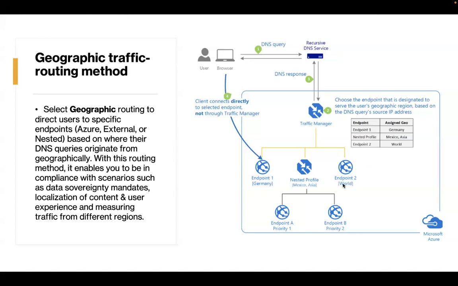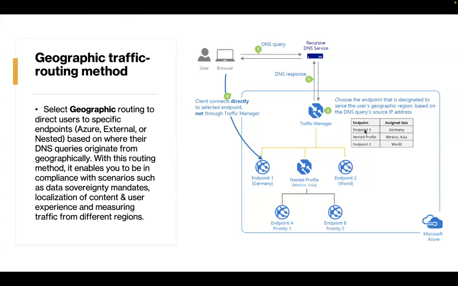And third one is world. That means anywhere in the world, if somebody is trying to reach out, it goes to that one. Here, I think it is given as Germany because of data sovereignty mandates. If Germany has some laws, they want to maintain that.